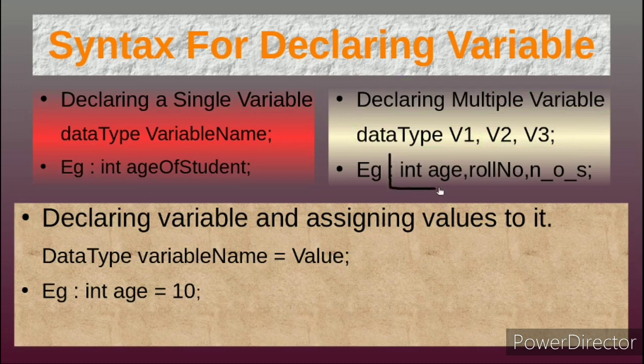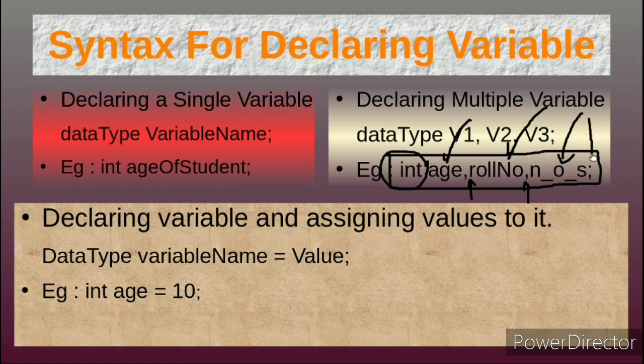And this is the example whereby we declare multiple variables, by the names age, roll number, and number of students, separated by commas, all of which are of the integer data type, not to forget the semicolon as well.